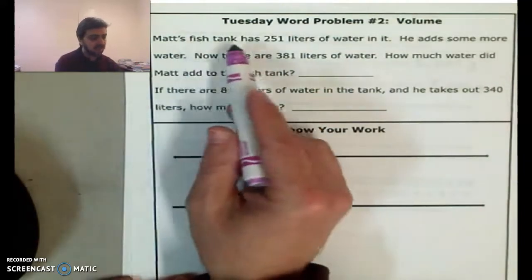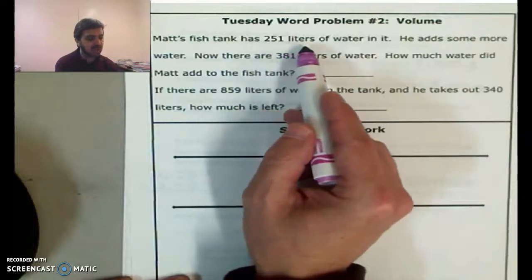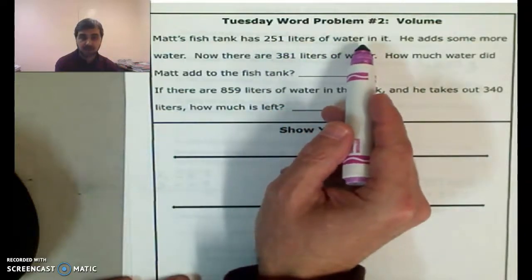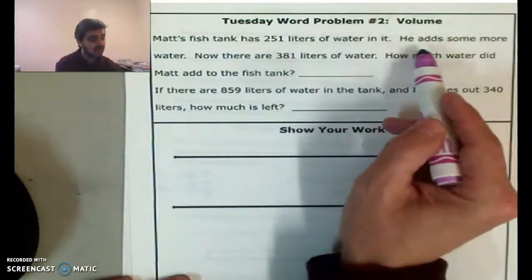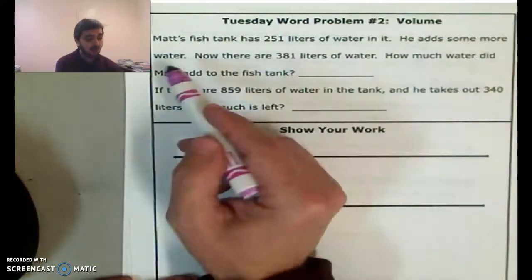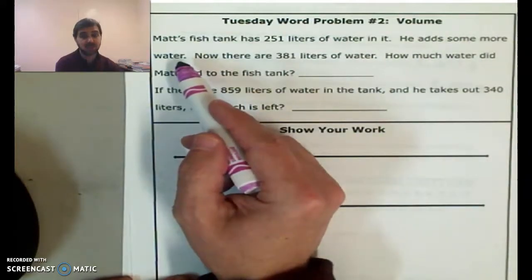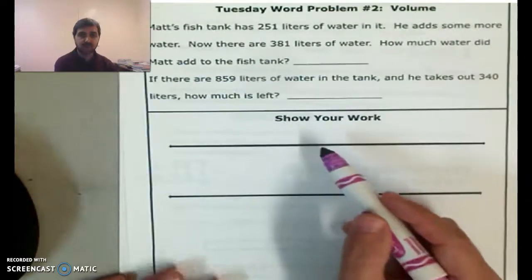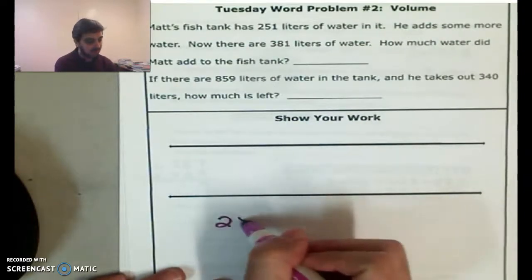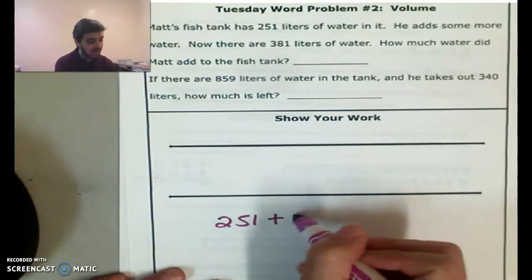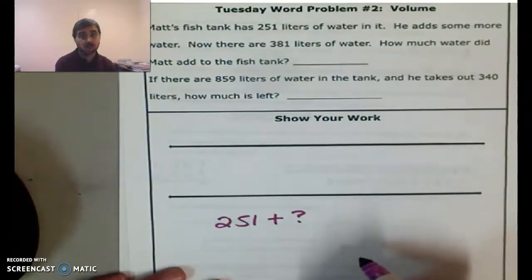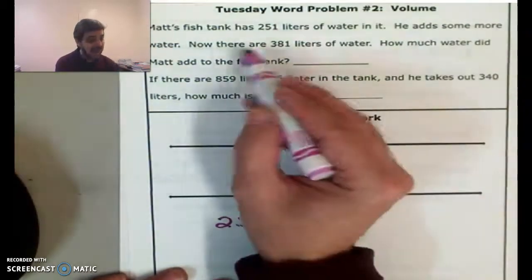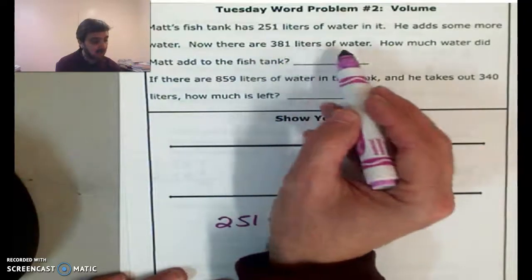It says that Matt's fish tank has 251 liters of water in it. He adds some more water. It doesn't tell us how much he adds. So one way we could think of that is: 251, he adds some more water, we don't know how much, now there are 381 liters of water.